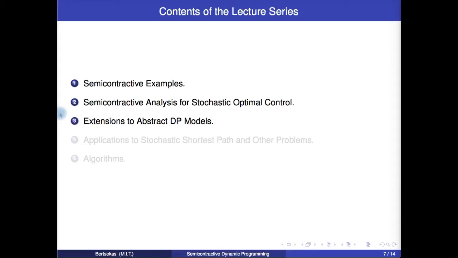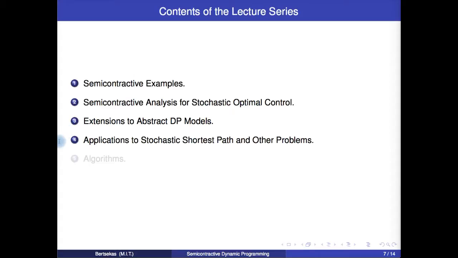In the third lecture, we are going to discuss abstract dynamic programming problems. These are generalizations of the stochastic optimal control problem, where the Bellman's equation mapping takes a more abstract form, and these models apply to a broad variety of dynamic programming situations, like semi-Markov problems, like minimax control problems, risk-sensitive problems, and so on.